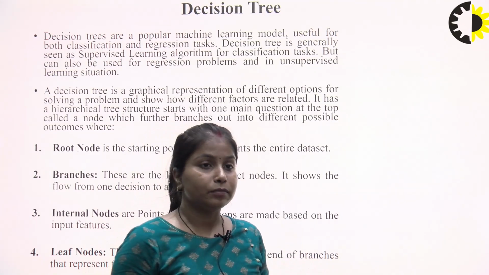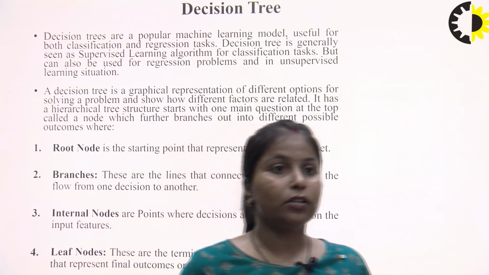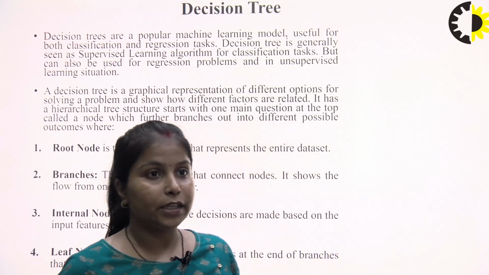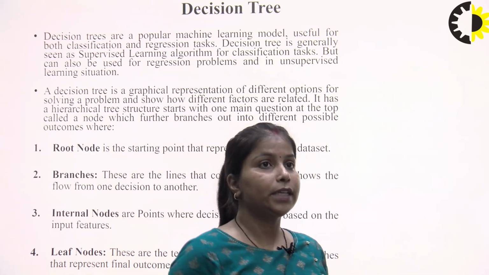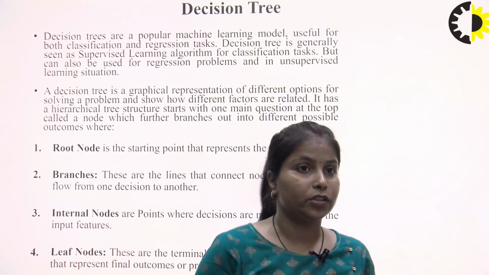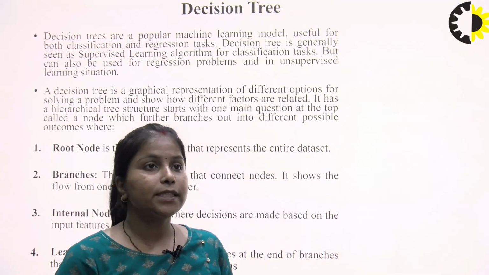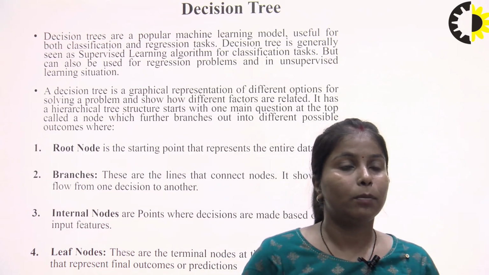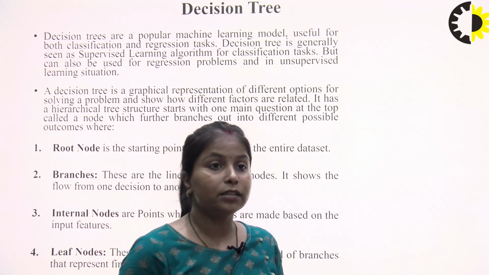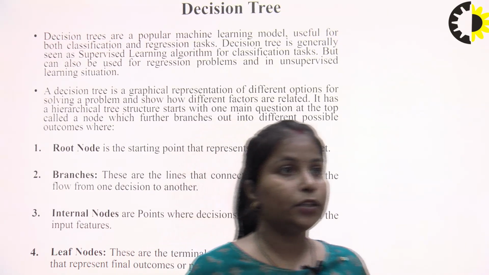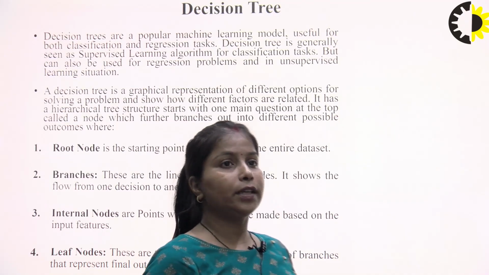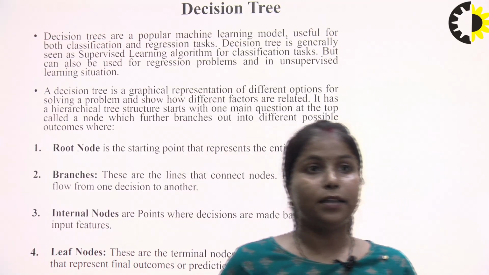A decision tree also gives a pictorial representation of data in a tree-like structure graph. Decision trees are a popular machine learning model, useful for both classification and regression, but mainly used for classification.